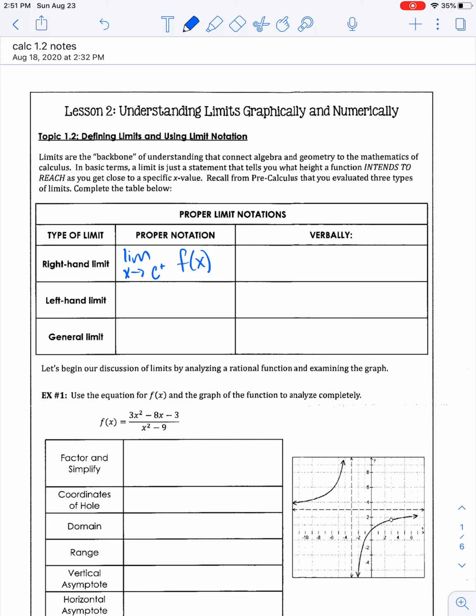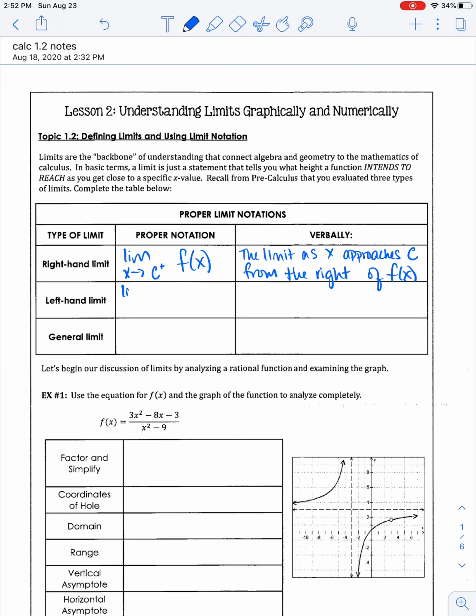Verbally, it is the limit as x approaches c from the right of f of x.